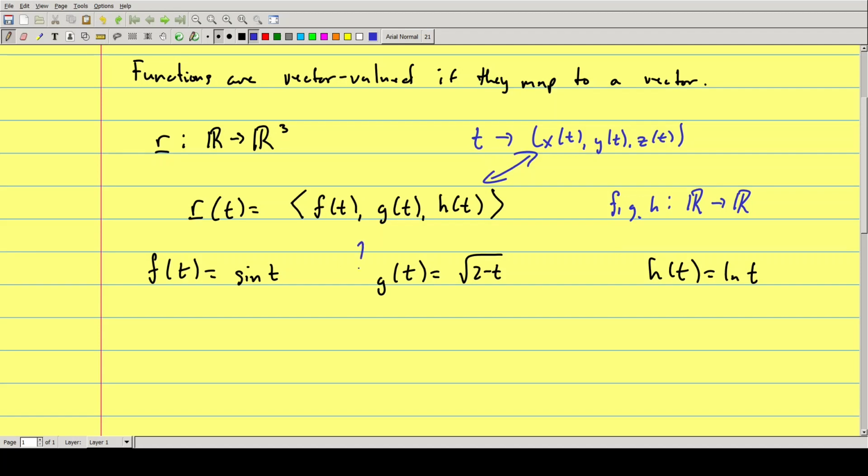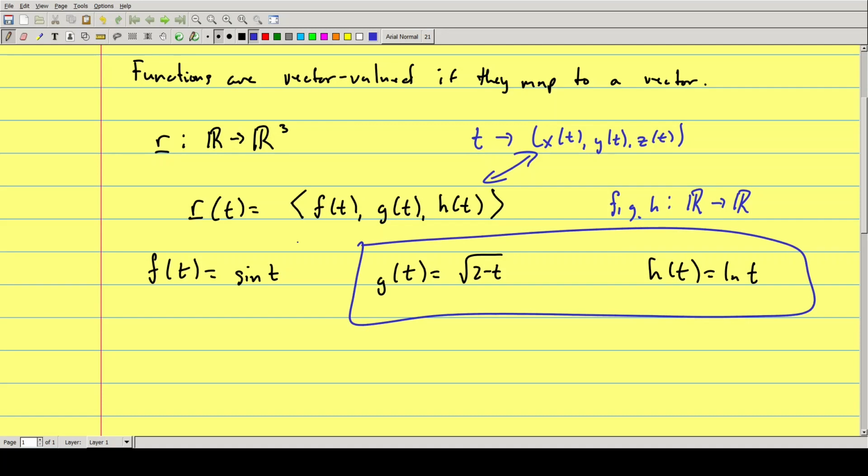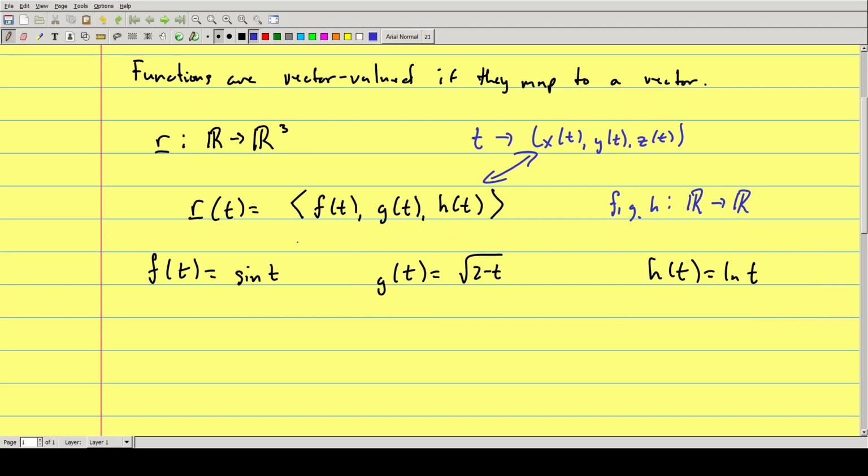So here, I don't tell you that these things aren't defined for all t, but the assumption is that you can look at it and know that there are t's that aren't allowed, okay? But if we don't otherwise specify some kind of domain restriction, we work under the assumption that it's all t's that are okay, right? Like if I don't give you a domain restriction on the sine function, you assume that it's defined for all real numbers, okay?